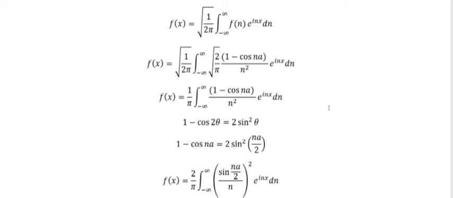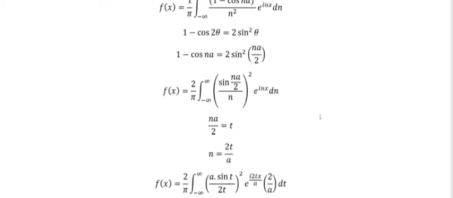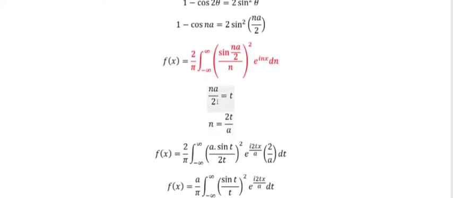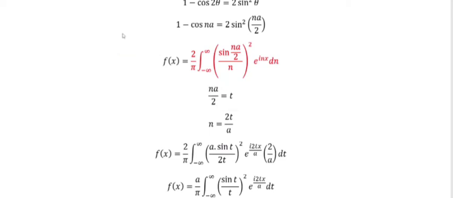So in this case 1 minus cos na becomes 2 sine square na by 2. Now the inverse Fourier transform becomes 2 by pi integral minus infinity to plus infinity, and I am going to substitute na by 2 as t.